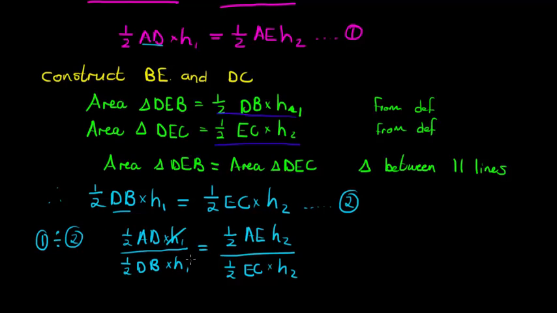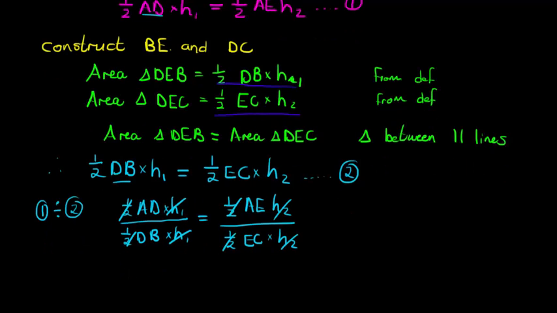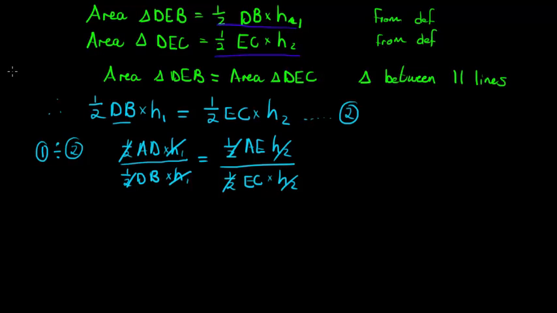And here the H1s cancel, the halves cancel, the H2s cancel, so that I have my conclusion that AD over DB is equal to AE over EC.